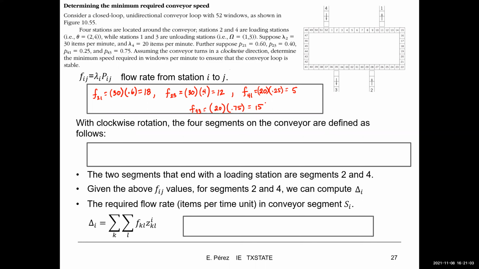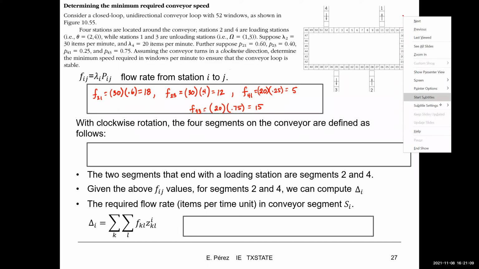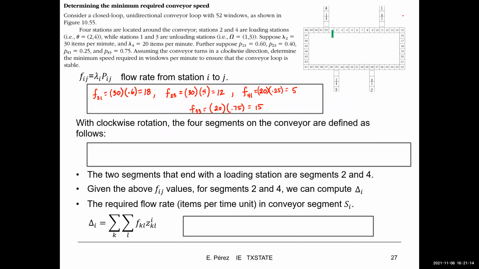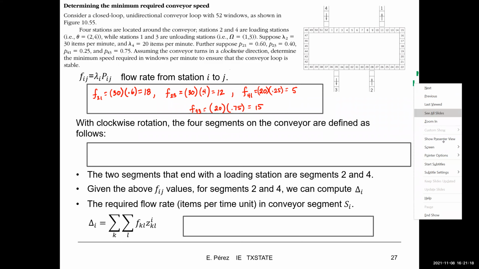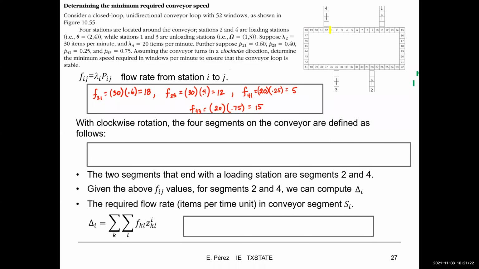For example, my first set will go from here and end up in that unloading station.